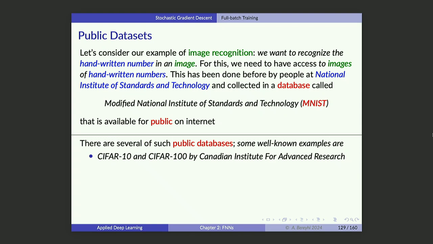For example, CIFAR is the Canadian version of it, where you have images of different objects, like car, cat, dog, things like that. And then we have CIFAR-10, where we have images of 10 different classes, and CIFAR-100, which is images of 100 different classes. There is the other one, ImageNet, which is the famous one because it was the data set people used for the ImageNet challenge. We're going to talk about this in chapter 5.